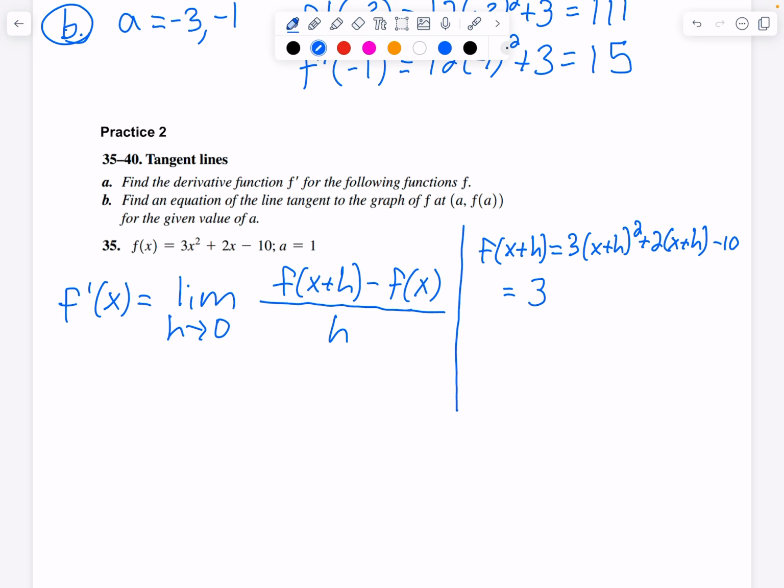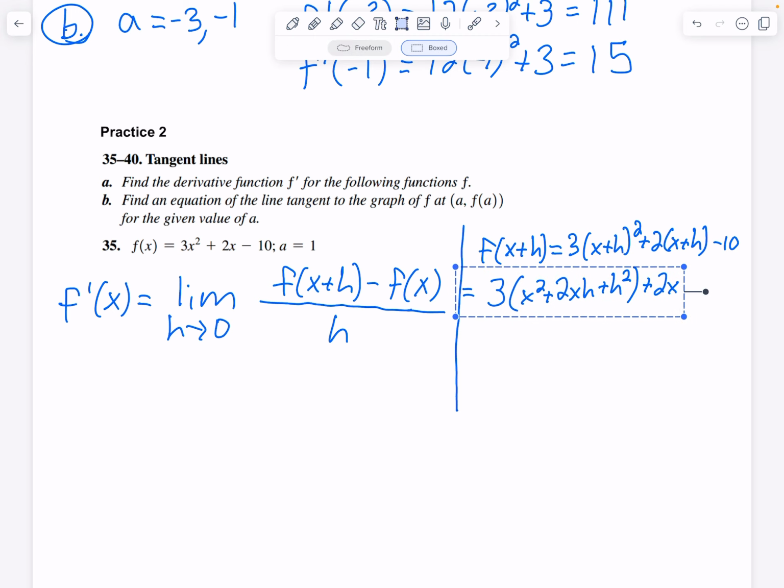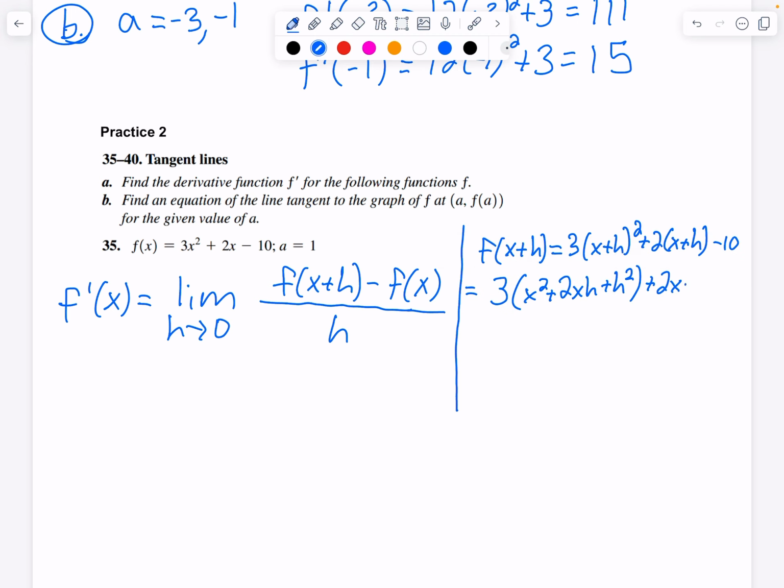So it's x squared plus 2xh plus h squared, plus 2x plus 2h minus 10. I multiply that through. Now 3x squared plus 6xh plus 3h squared plus 2x plus 2h minus 10. I don't think I have any like terms there.